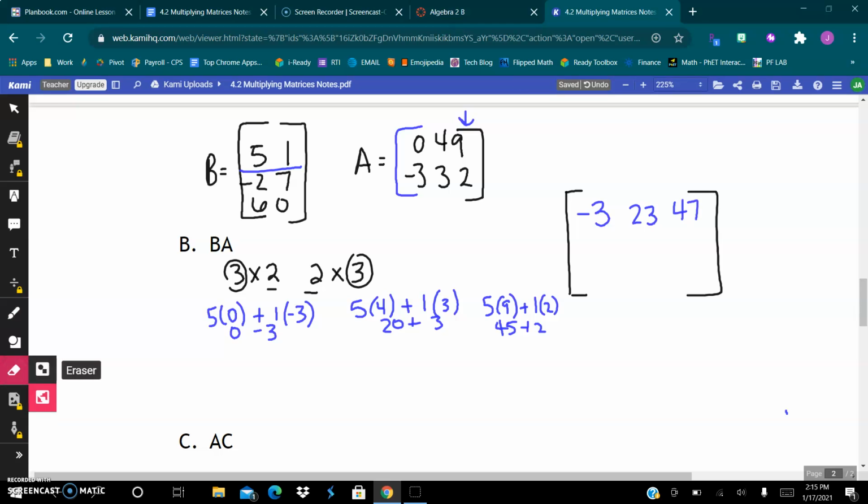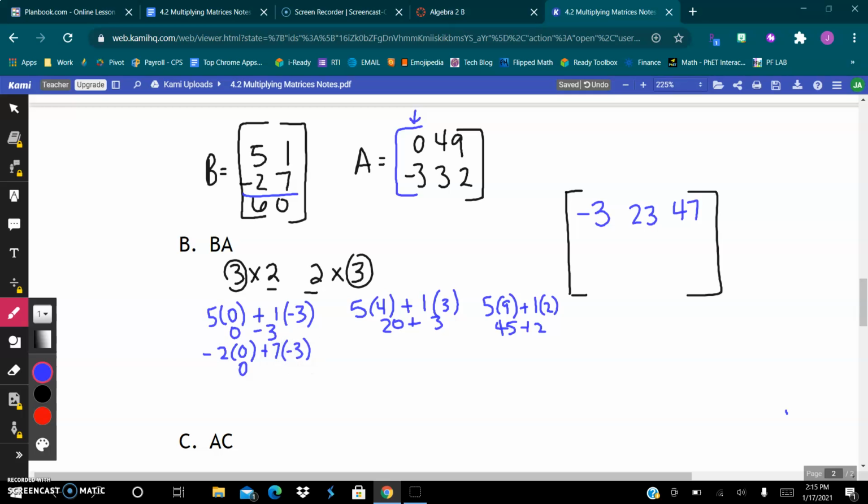Then we're going to move on to the second row, sorry. Second row, first column is -2 times 0 and a 7 times a -3. So that's 0 and -21. So that would leave us with -21.